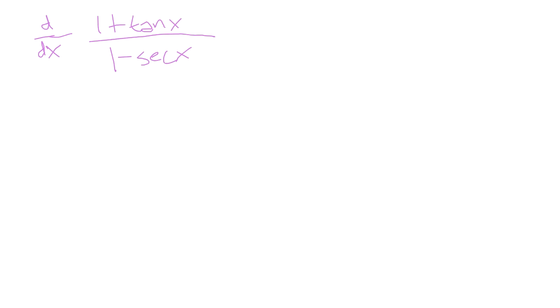So let's let this be our f, and this is our g. We know that our g of x is going to be 1 minus secant of x. Our f prime is going to be, well, the derivative of 1 is just 0, and the derivative of tan is secant squared of x.